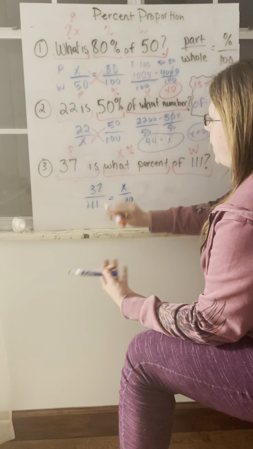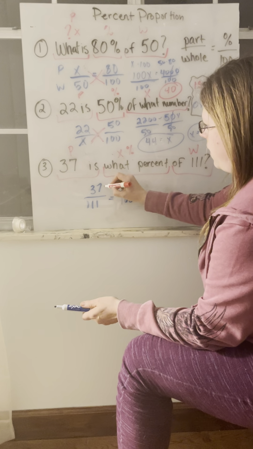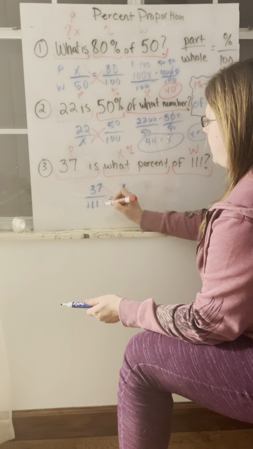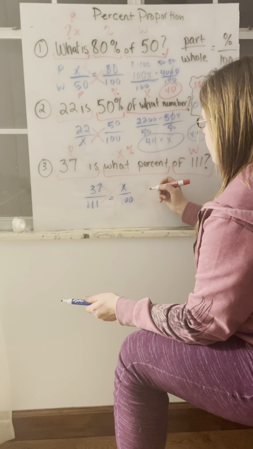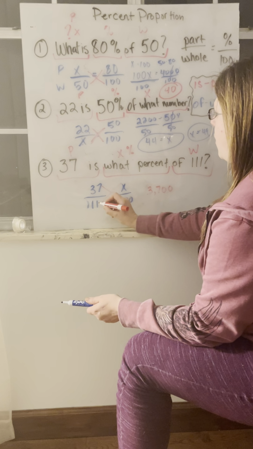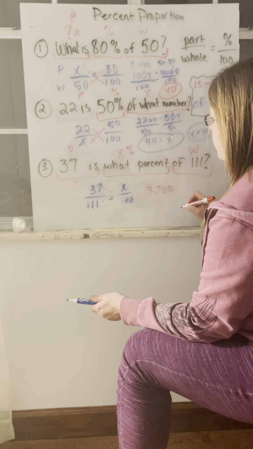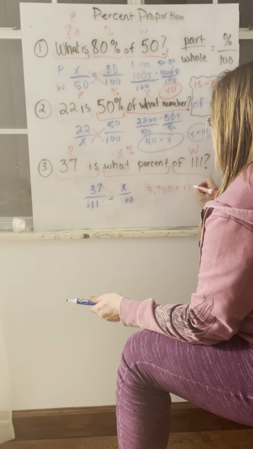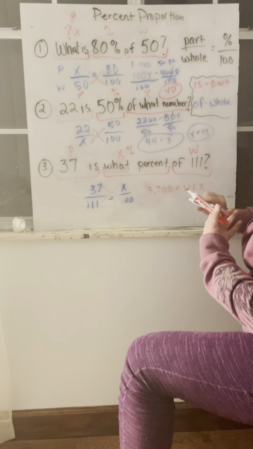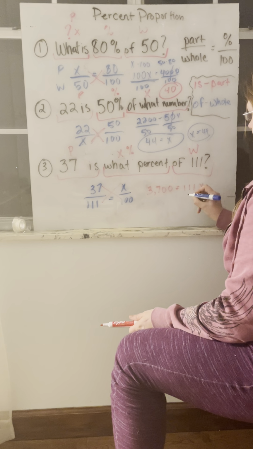Now we cross multiply and divide again. I'll just start at the top. 37 times 100 is 3,700. 111 times x is 111x. Now our last step is to divide, because it's a one-step equation.